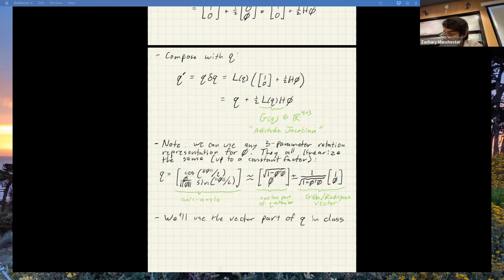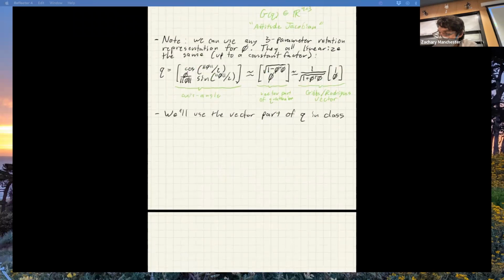So this whole machinery is to let us differentiate quaternion functions by just slapping that attitude Jacobian on in the right places.